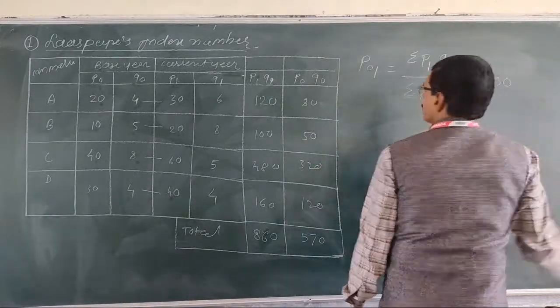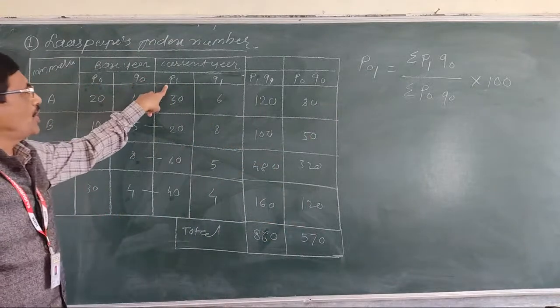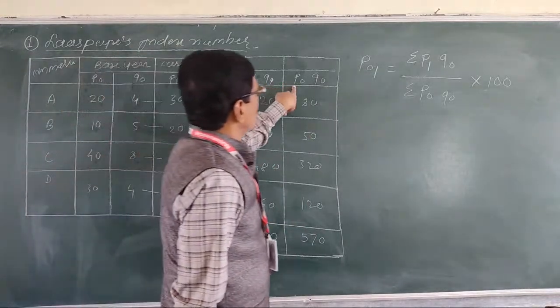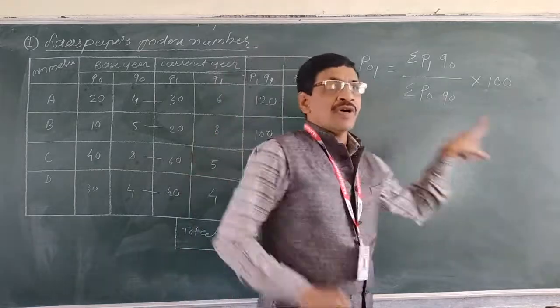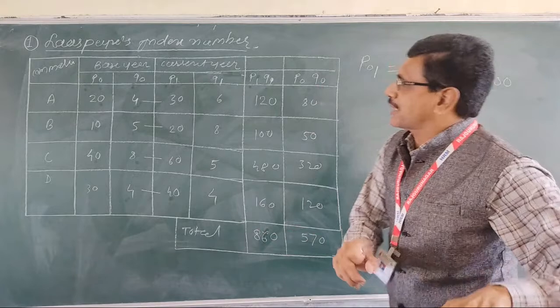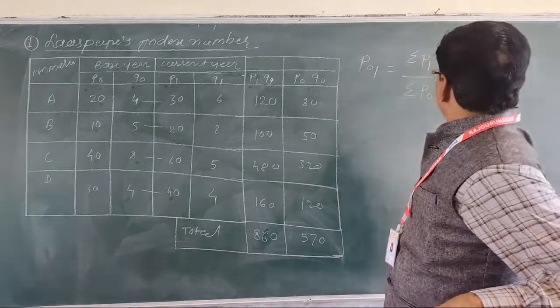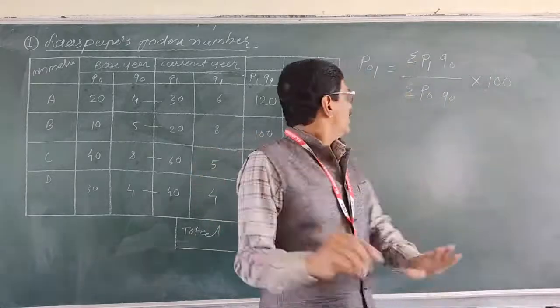Okay, into 100. Look at the price, means P0 Q0, P1 Q1, P1 Q0, P0 Q0. Okay, so it can be calculated with the help of last year's index number. So look at that.